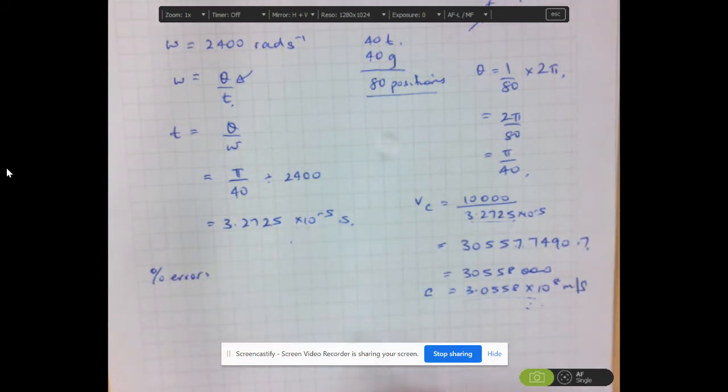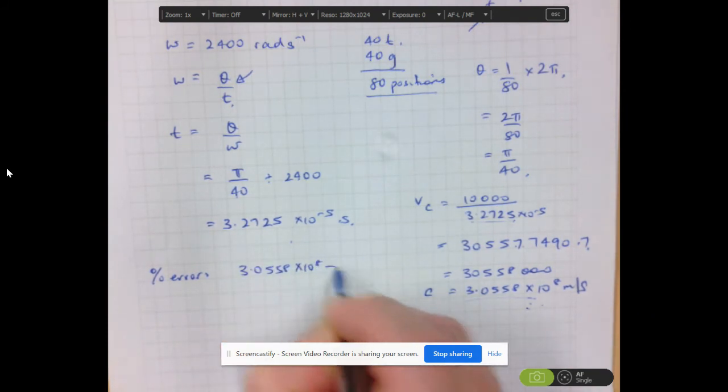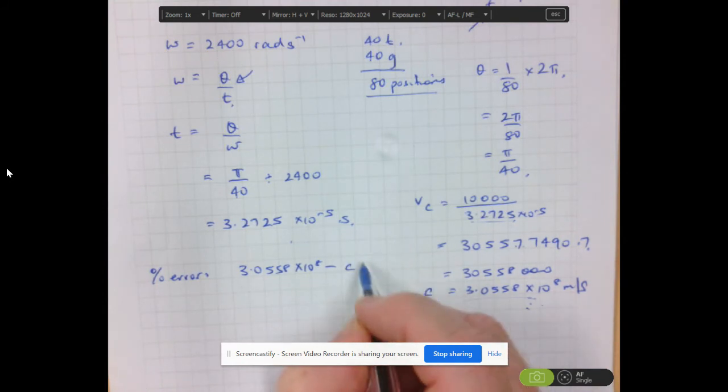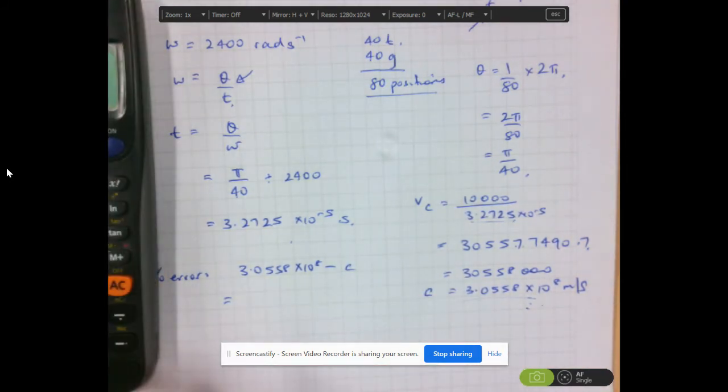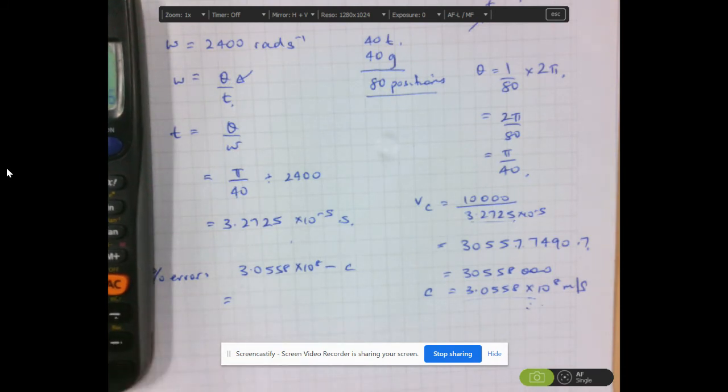we have 3.0558 by 10 to the 8 minus the speed of light, which is the real value. That's 5.57 by 10 to the power of 6.